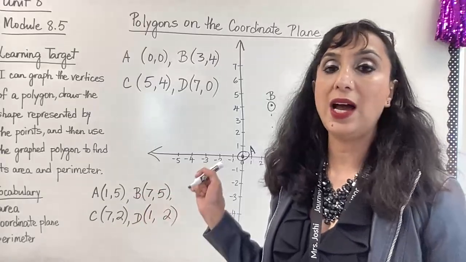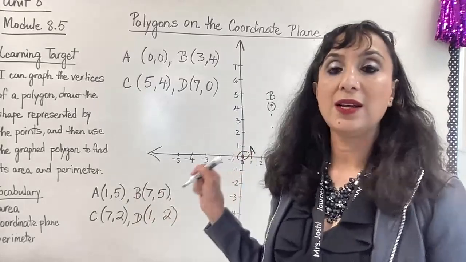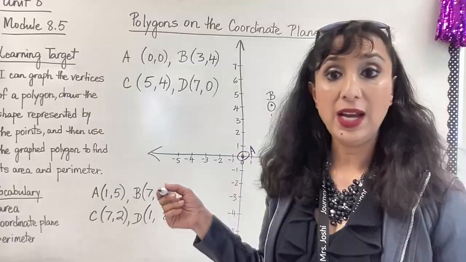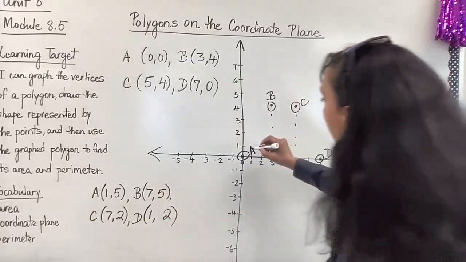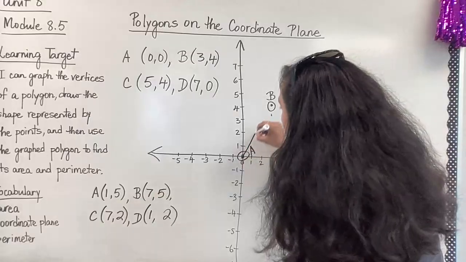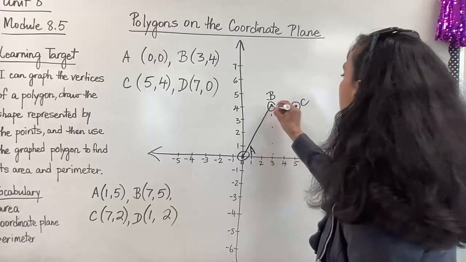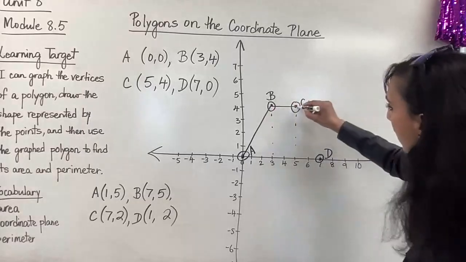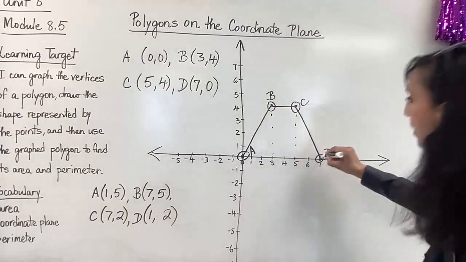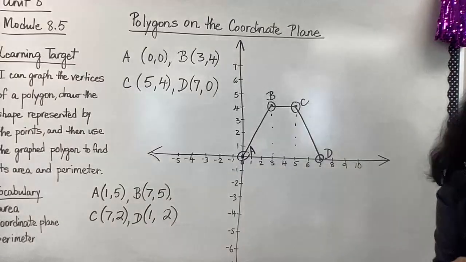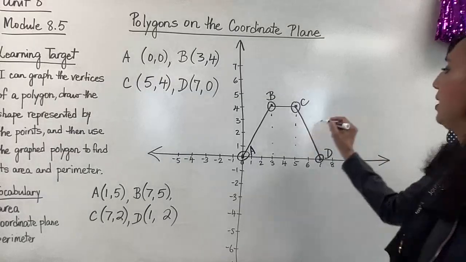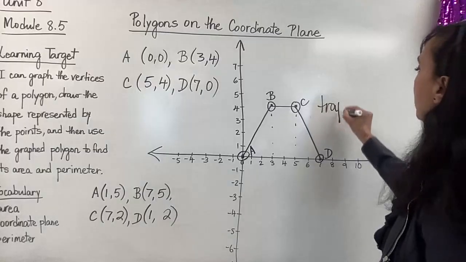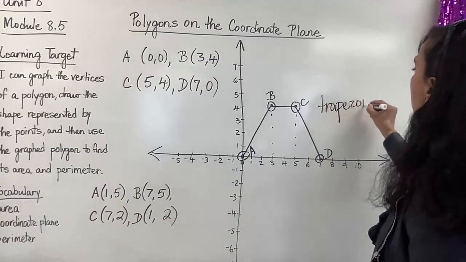Once I connect the dots, we will identify which quadrilateral this is. I'm going to do A to B, B to C, and then C to D. Looking at that quadrilateral, what polygon was created? This is a trapezoid.